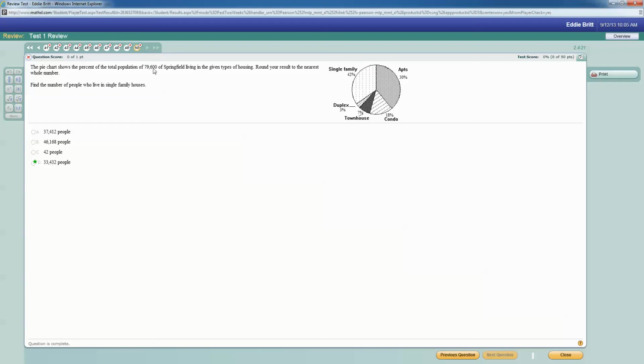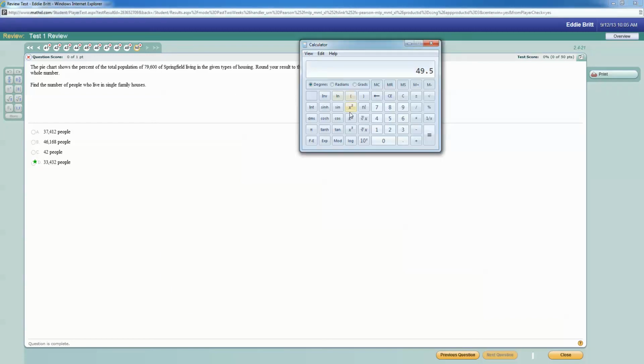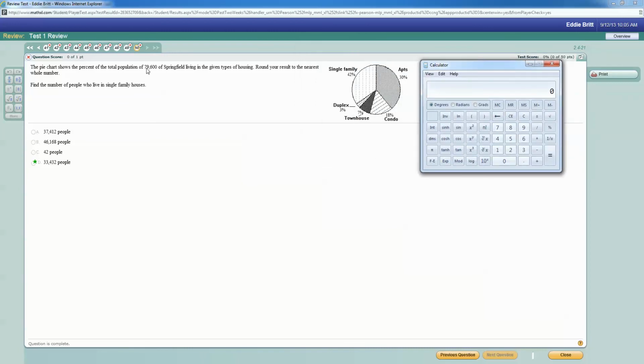So if we want to take 42% of that, we take 79,600 and multiply that times 0.42. You get 33,432. 33,432. And that's your test review.